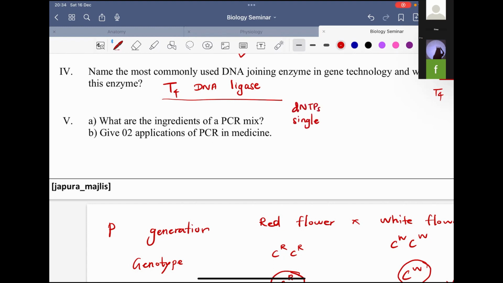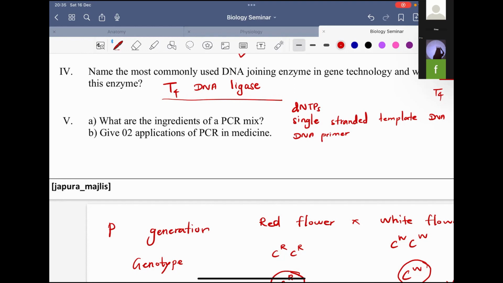And then you need a DNA primer, otherwise nucleotides cannot be joined. You need a DNA primer so that the nucleotides will be joined further.